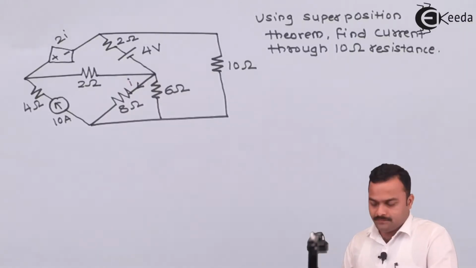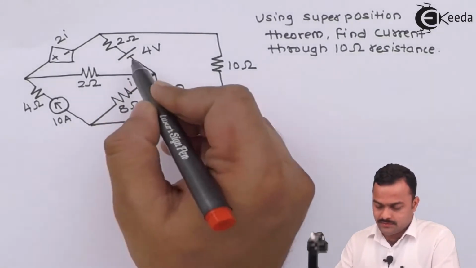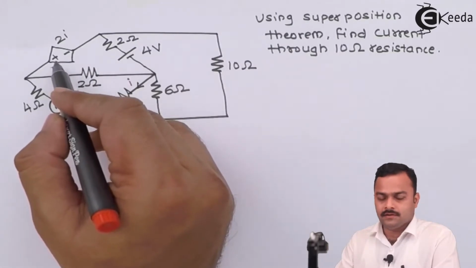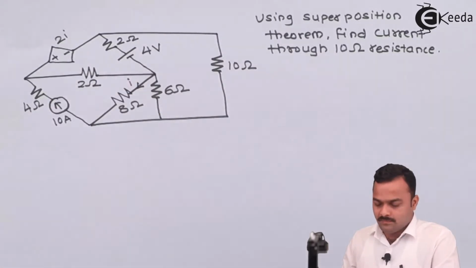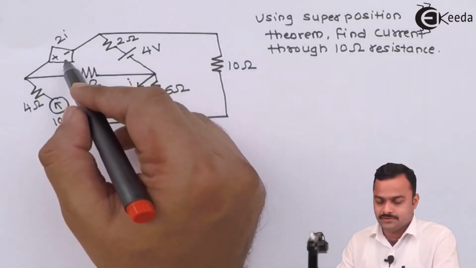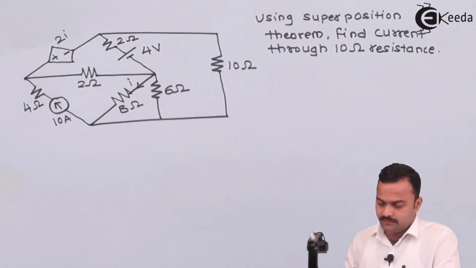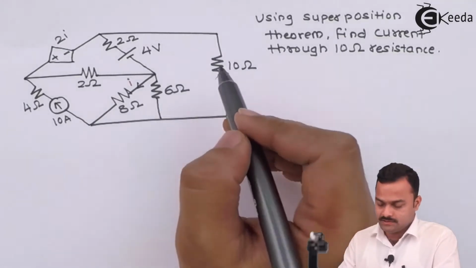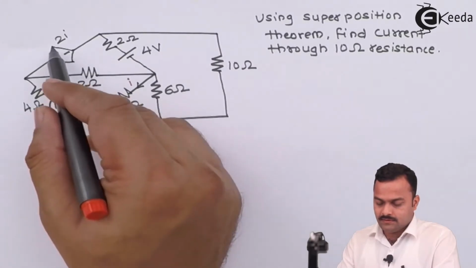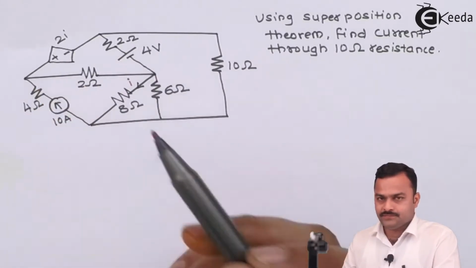So here is the problem, in which we have two independent sources and one dependent source, and we are supposed to get the current flowing through the 10 ohm resistor.